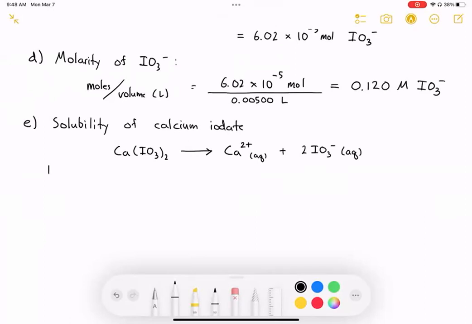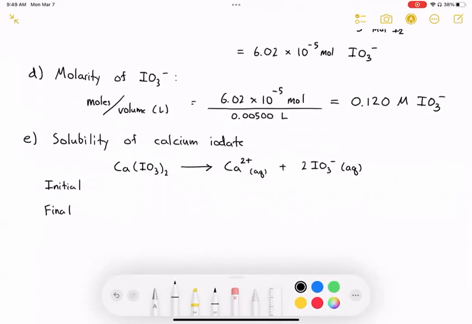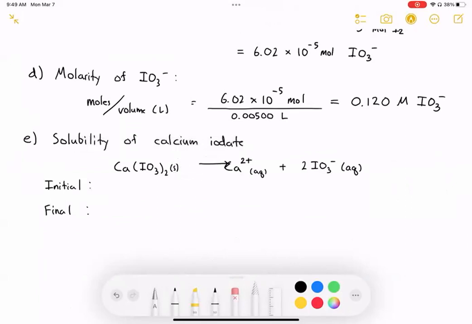Okay. So our initial conditions here, initial and final conditions. So remember, the solubility is so low, we just say that the initial and final for our solid here, so let's put a solid sign here. Our solid here, it's not going to change much. Okay, so we say initially it'll be solid, and the final state will be solid because the concentration doesn't change much.